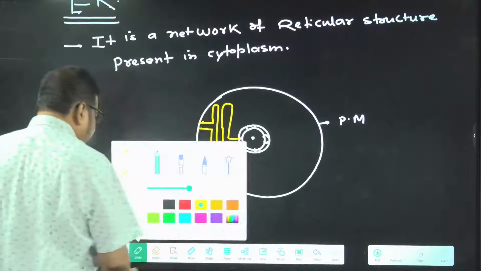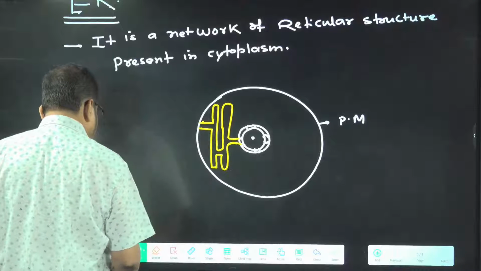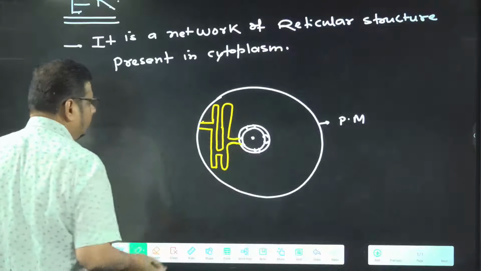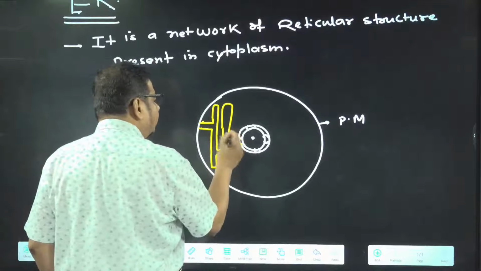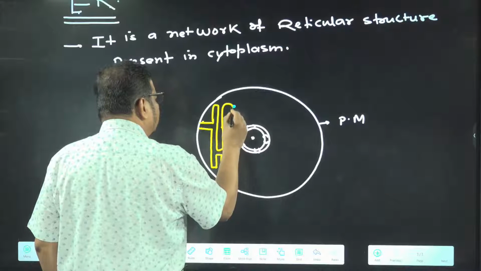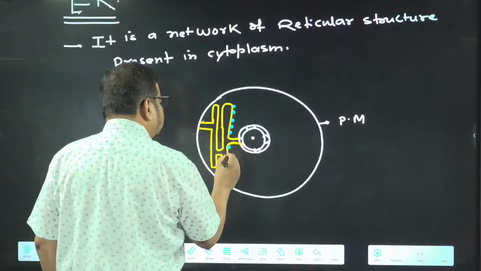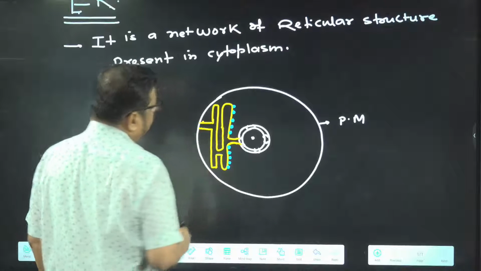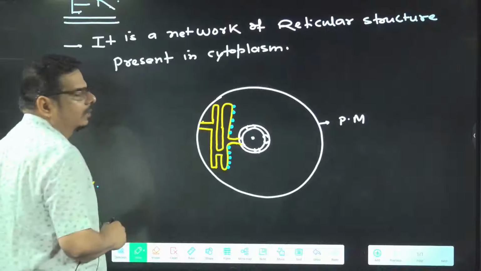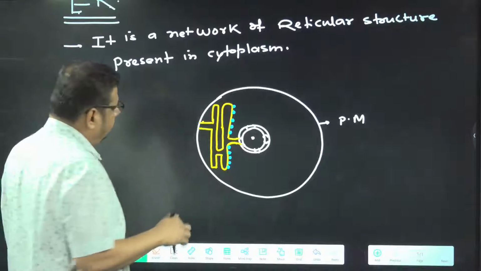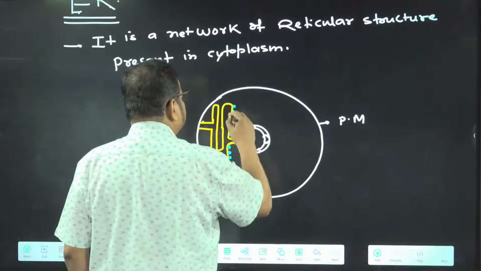If you observe the endoplasmic reticulum more closely with more magnification, you will find the part of the endoplasmic reticulum near the nuclear membrane is rough, and there are granular depositions.